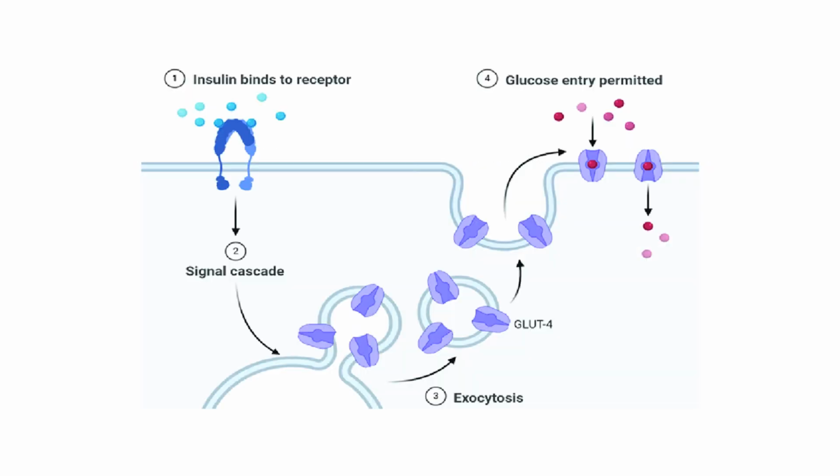All right, so the way that glucose actually comes in to the skeletal muscle cells is through facilitated diffusion. There are these GLUT4 proteins, glucose transporter 4. You need these GLUT4 proteins, which are actually stored within intracellular vesicles.